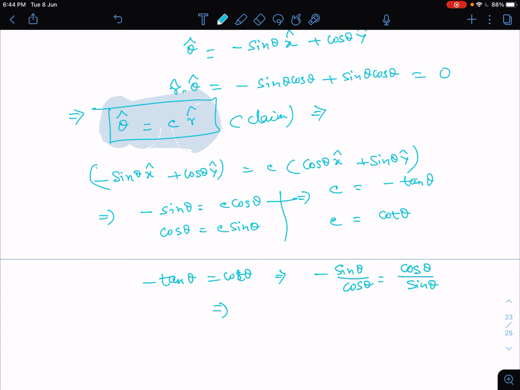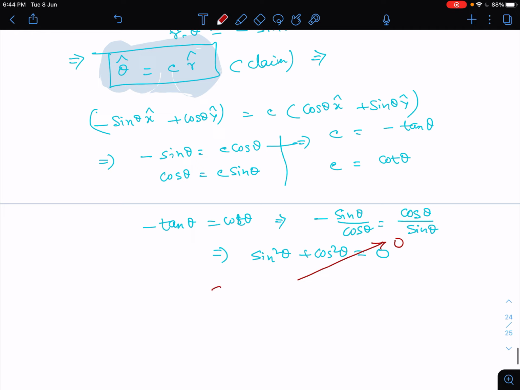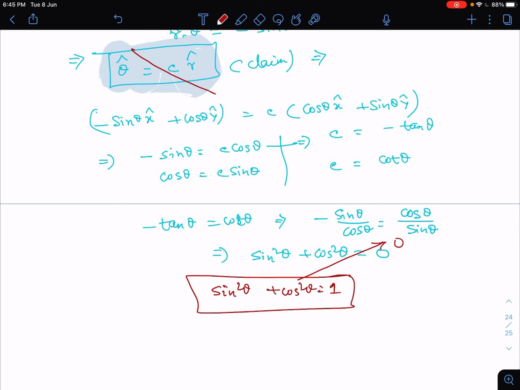That means sine square theta plus cos square theta is 0. But that is not possible, because you know from basic trigonometry that sine square theta plus cos square theta is always equal to 1. So this is not possible.